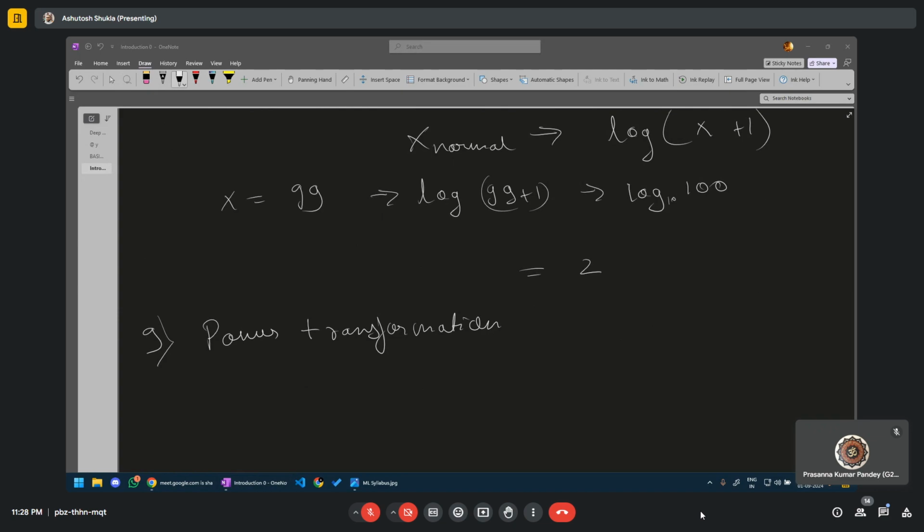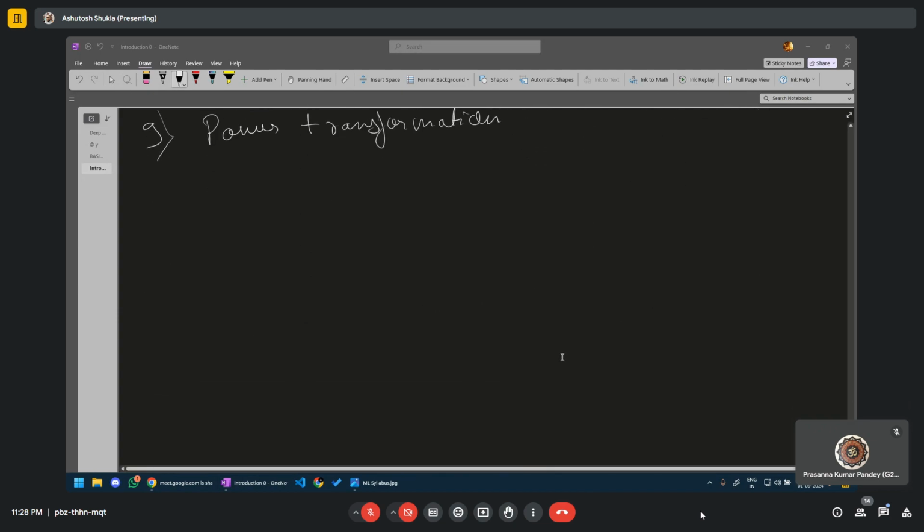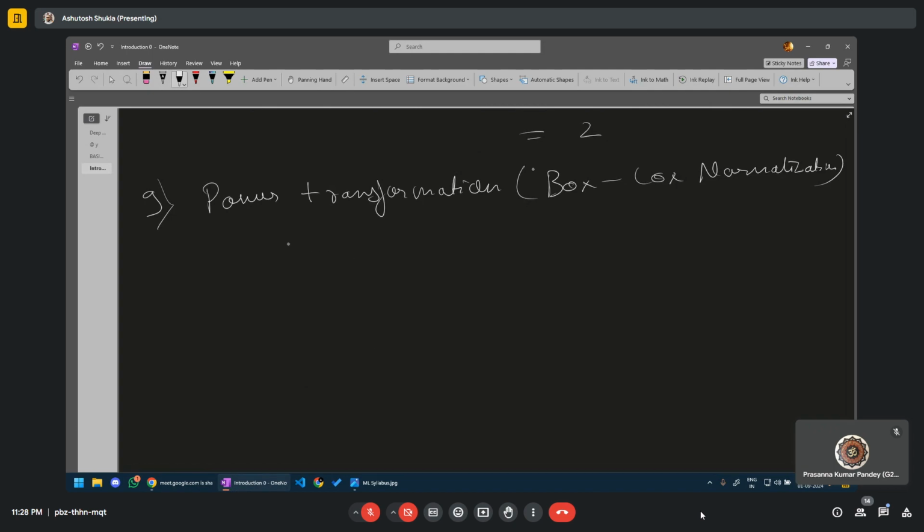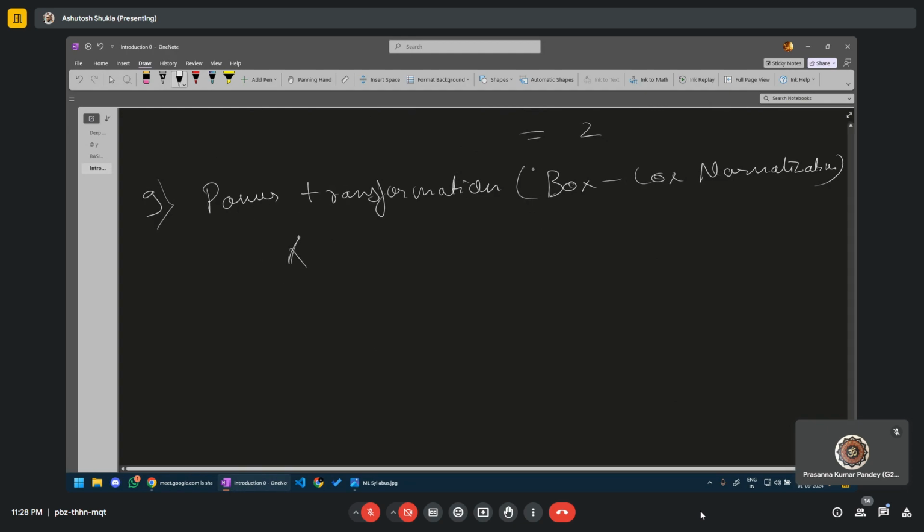Okay, I'm back. So I was talking about power transformation. This one's also called Box-Cox. That's one normalization. All you have to do is decide on a term called lambda, and this is decided by you.